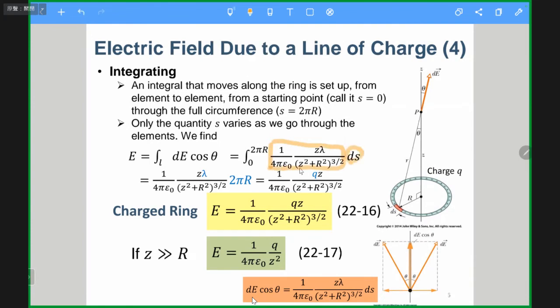You don't find any variable related to ds. In other words, for every small part, the dE it generates on this z-axis will actually be the same. So it's like you're integrating a constant.